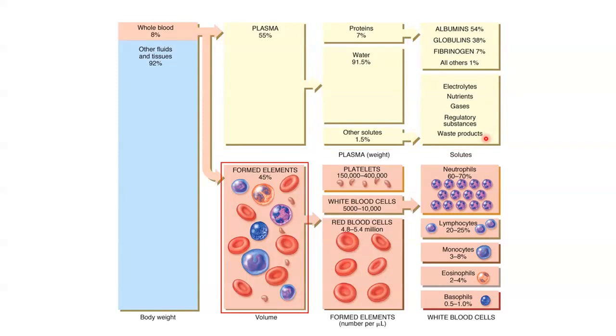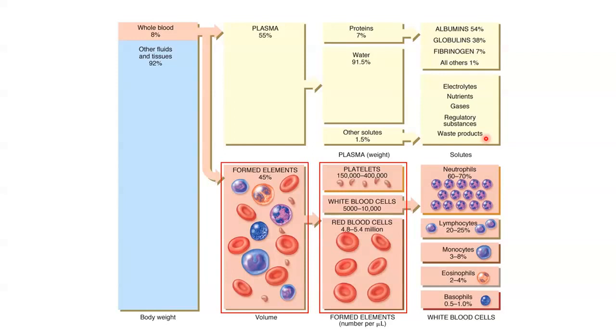Moving on to our formed elements, these include our white blood cells, our red blood cells, and our platelets. Our red blood cells, or erythrocytes, transport oxygen from the lungs to the body cells and deliver carbon dioxide from the body cells to the lungs.